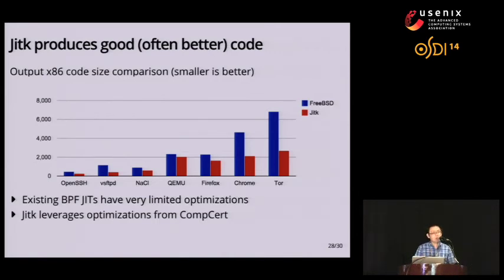You can see Jitk produces pretty good code, and oftentimes actually better than existing JITs. We inspected that code and found the reason is that existing BPF JITs are in the kernel, so it's very hard to write complex optimizations in the kernel. Jitk can leverage optimizations from CompCert, and those optimizations are proven to be correct.